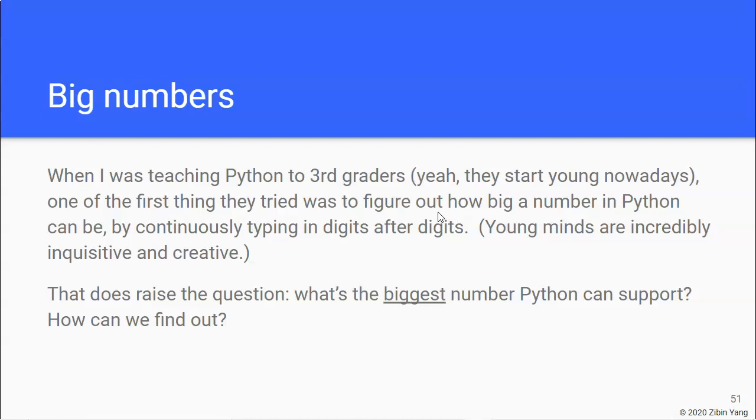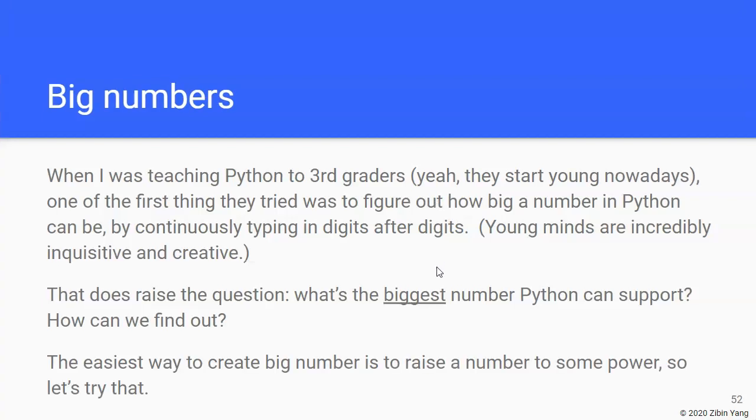Instead of, just like kids, having to keep typing digits in the Python editor, we can use a little bit of math to derive a really big number. One of the easiest ways to do that is to raise a number to some power.